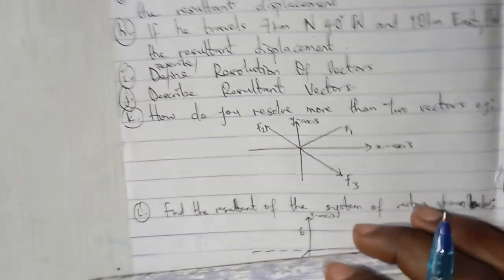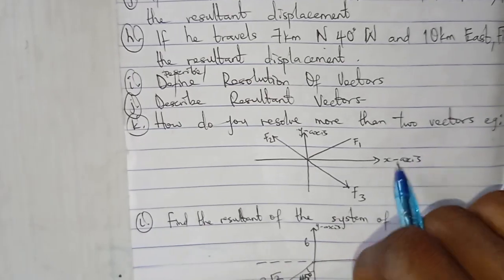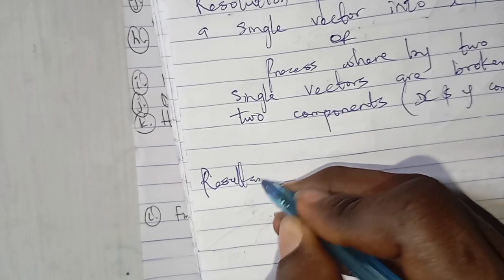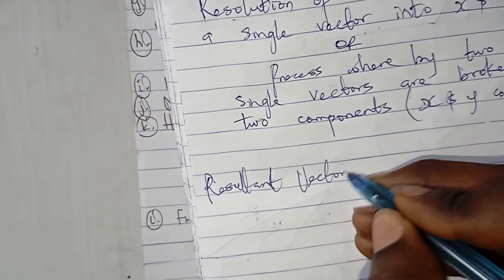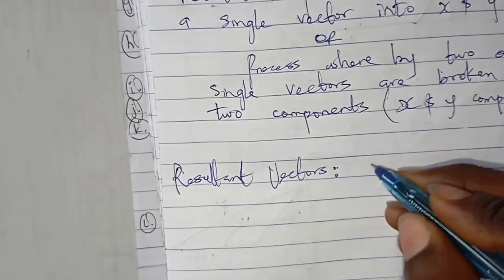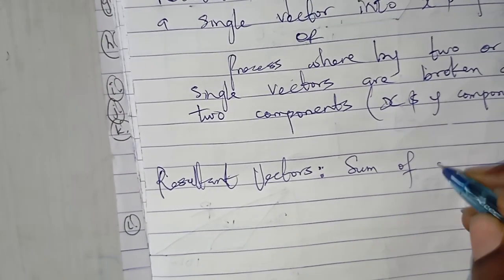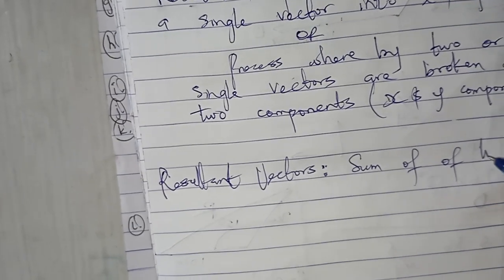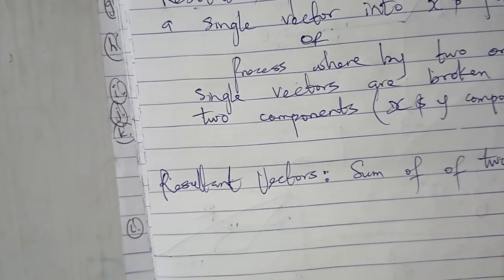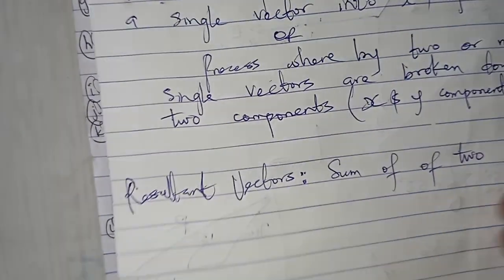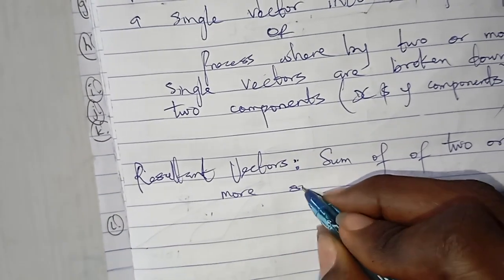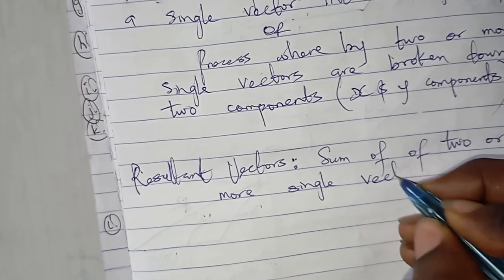Now they ask again, describe resultant vectors. We define resultant vectors as the sum of two or more single vectors.